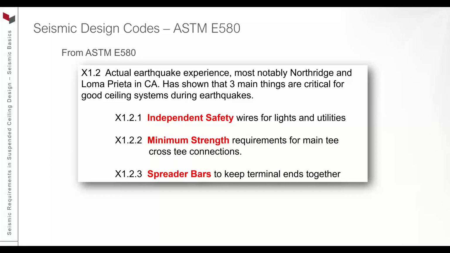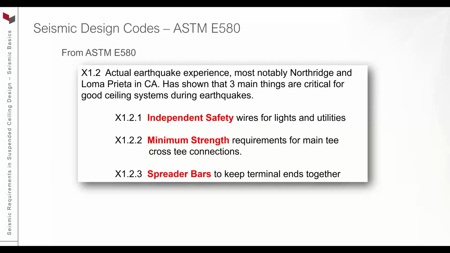And so they developed 3 requirements for ceilings so that we can install them for seismic. So one of them is independent safety wires for lights and utilities. Lights and utilities are heavier than our ceiling systems. So when there's an event and they're shaking around and moving, they can disturb, disrupt, or come disconnected. If they do, there's safety wires in place based on the ASTM requirements.